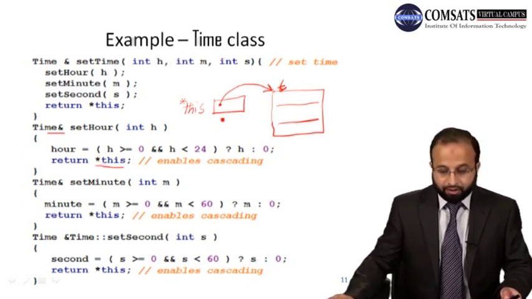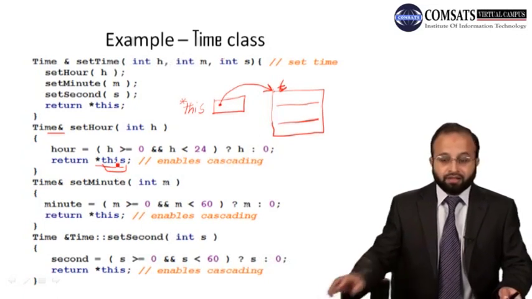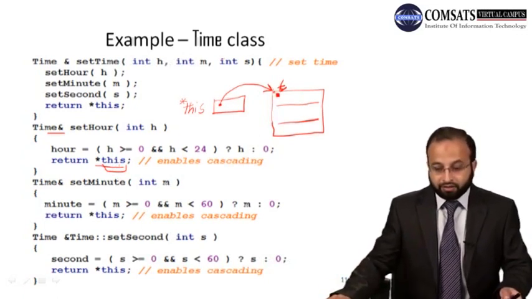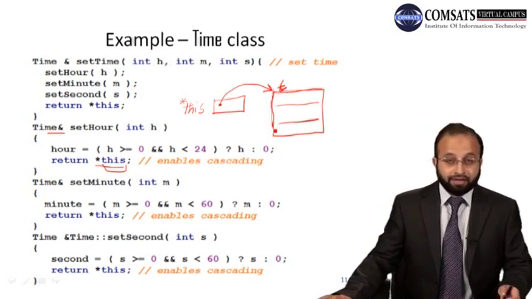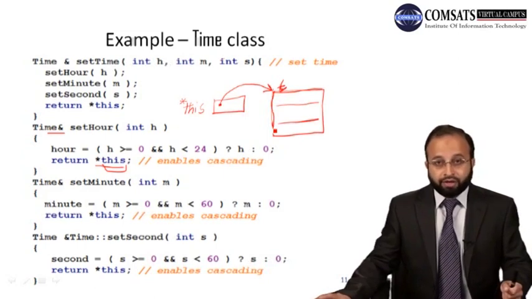Because this is just a pointer. So when you write static this, you have an object, right? To understand this, you have to be very clear with the concept of pointers.